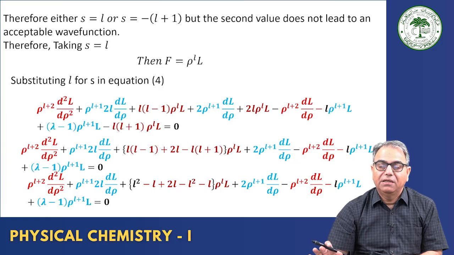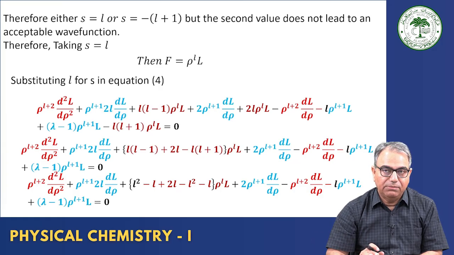Now s is L means s is actually the azimuthal quantum number value, remember this.